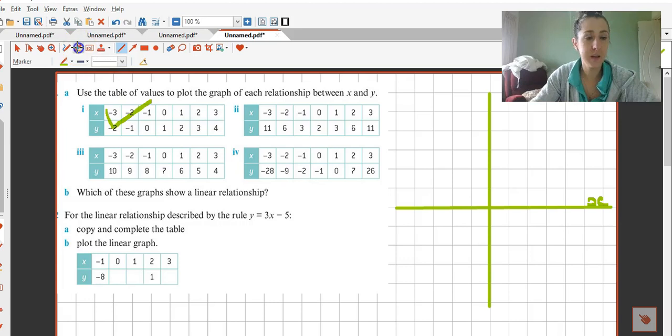Okay, let's get plotting. So -3, so -1, -2, -3. So -3 and up to 11. Might have to go by 2's here because I don't think I've got enough. So 2, 4, 6, 8, 10. So 11's going to be in the middle there.